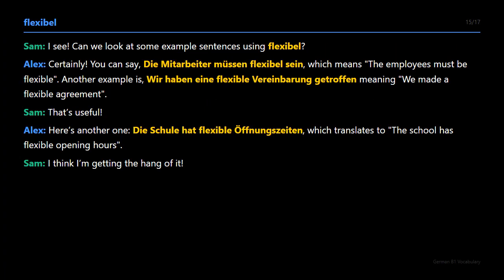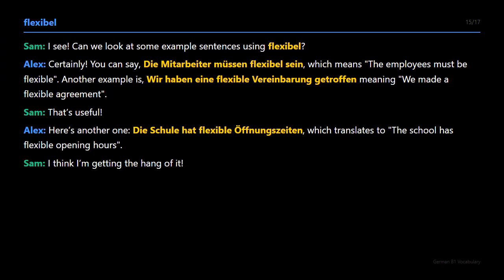I see. Can we look at some example sentences using flexibel? Certainly. You can say, Die Mitarbeiter müssen flexibel sein, which means the employees must be flexible.